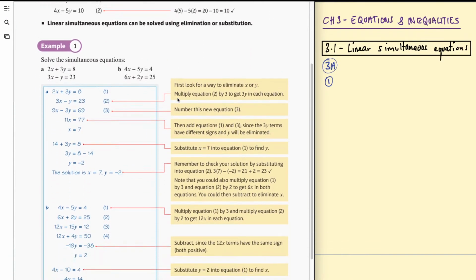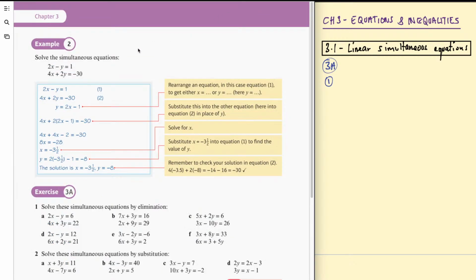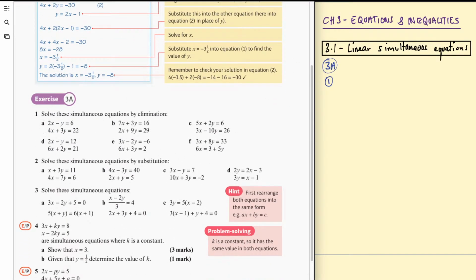So, simultaneous equations. Let's do b and e. B is 7x plus 3y equal to 16 and 2x plus 9y equal to 29. As I was saying, you have basically two methods here. You can either use elimination, which means getting one of the coefficients to be the same, or you can use substitution, so rearranging an equation and substituting into the other equation.